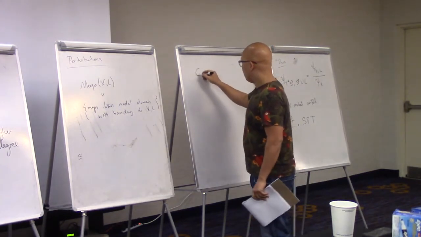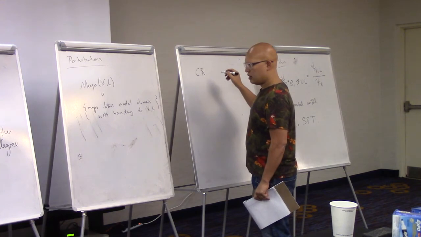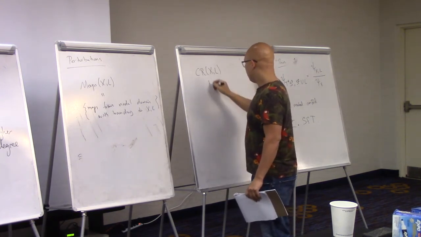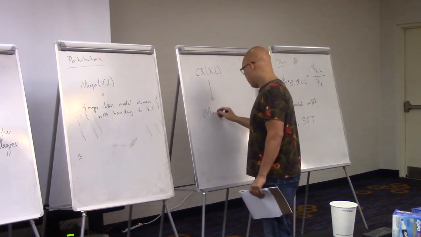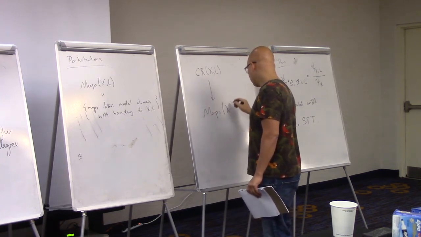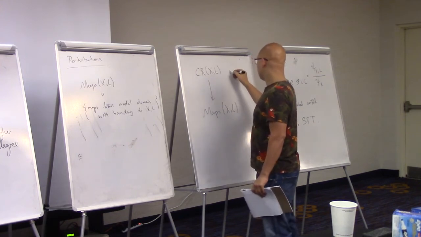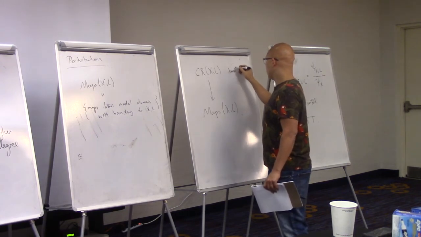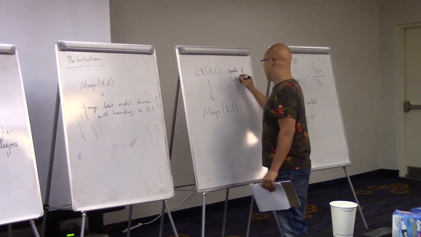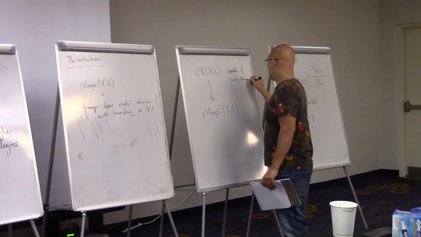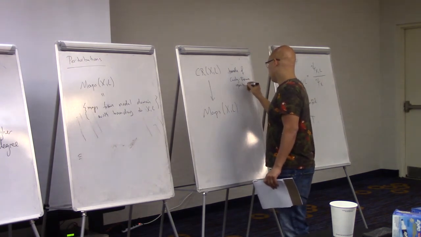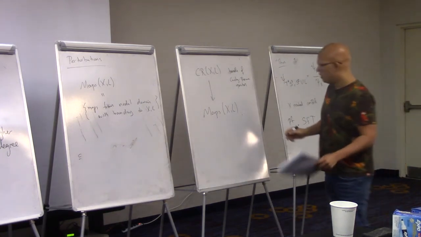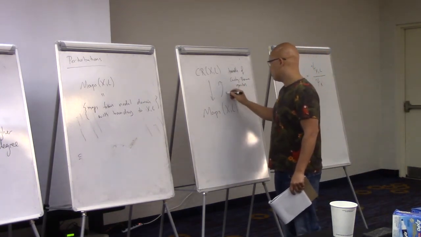Then I would like to take the view that there's some bundle over this, the bundle of possible Cauchy-Riemann operators. What it means to give a perturbation is to give a section of this.